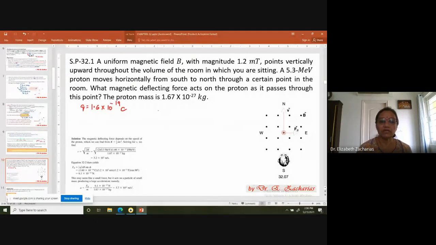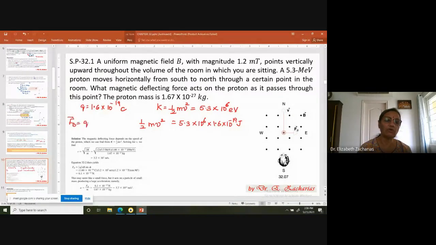Then I wrote that the kinetic energy, which is half mv square, of the moving charged proton is equal to 5.3 into 10 to the power of 6 electron volt, which you know is equal to 5.3 into 10 to the power of 6 into 1.6 into 10 to the power of minus 19 joule. Okay, this is half mv square. I would be interested in FB equal to QV cross B.